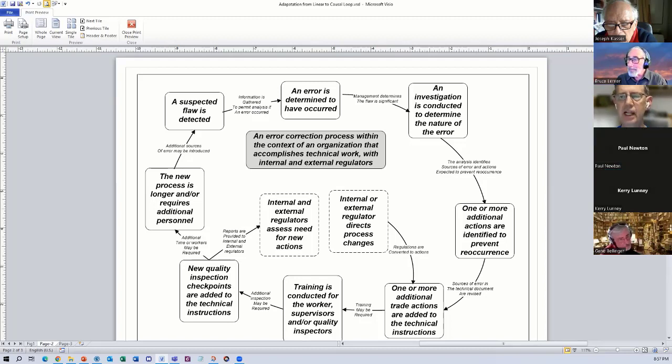That includes sending it back. Okay, and that's buried in that block there. We would usually attempt to revise the written instructions for the workers. The additional trade actions are added to the technical instructions. So that's in there, yes.